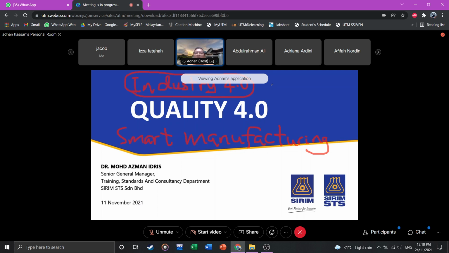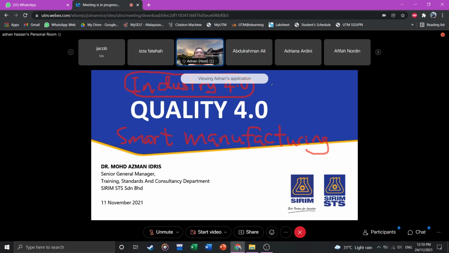So Industry 1.0 is basically using mechanization, steam power, okay, to replace human punya energy, human power with steam engine kan. Lepas tu ada Industry 2.0. Okay, penggunaan automation. Okay, 3.0 more using computer, electronics dan sebagainya. 4.0 using internet, okay, digital technology.